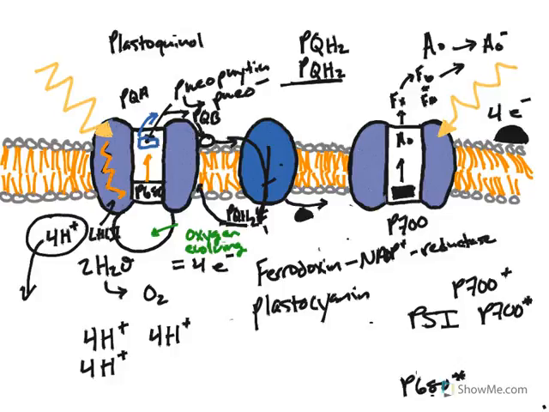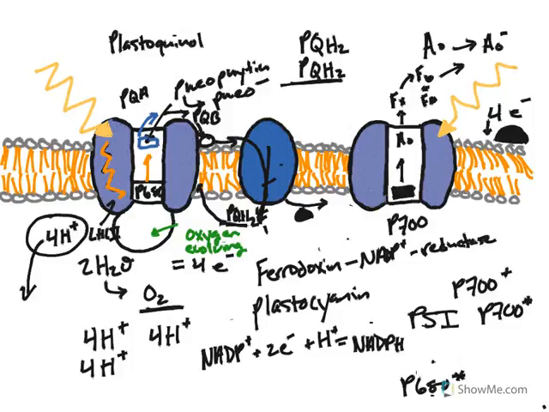So for every 2 electrons that travel to our ferredoxin NADP plus reductase, which we said we're talking about 4 here, so it's right there. For every 2 electrons that travel to this enzyme are going to be responsible for creating 1 molecule of NADPH. So NADP plus 2 electrons plus our hydrogen equals 1 NADPH.